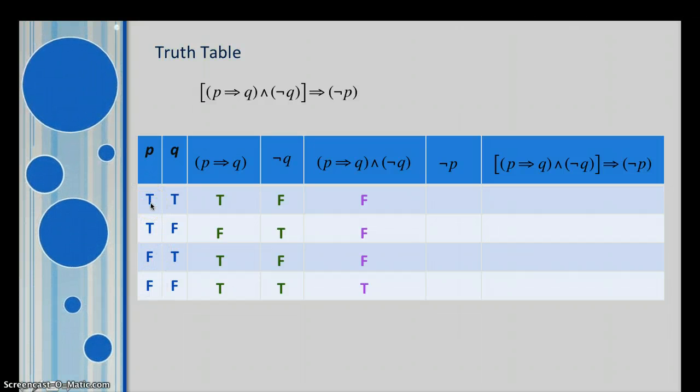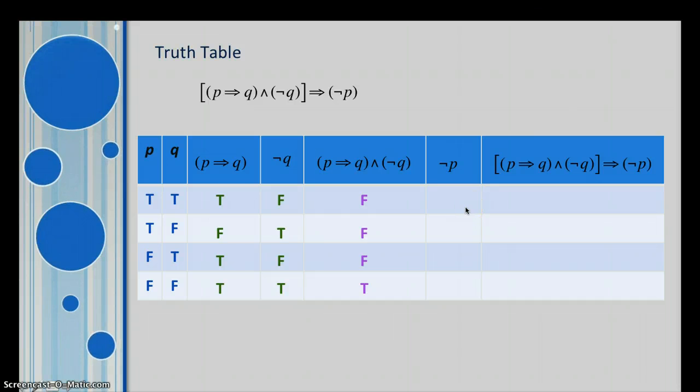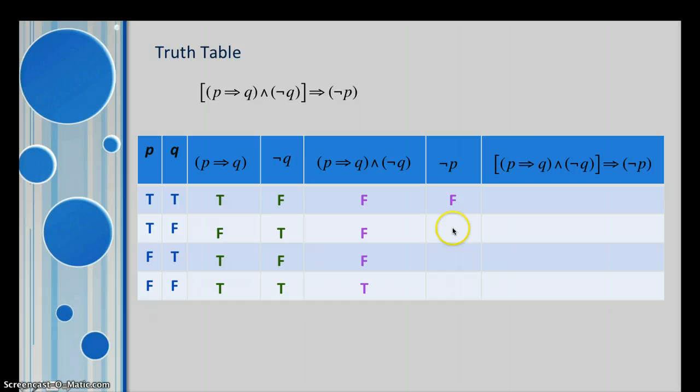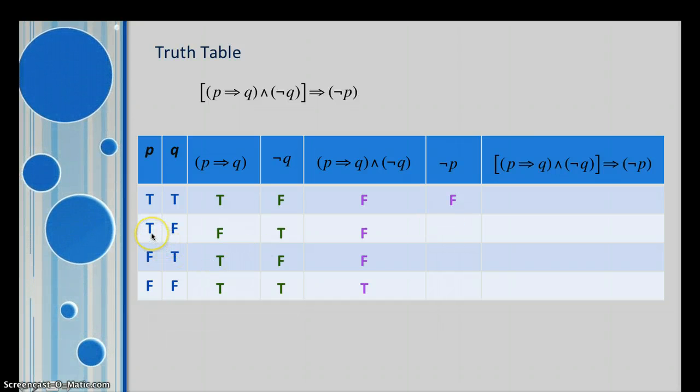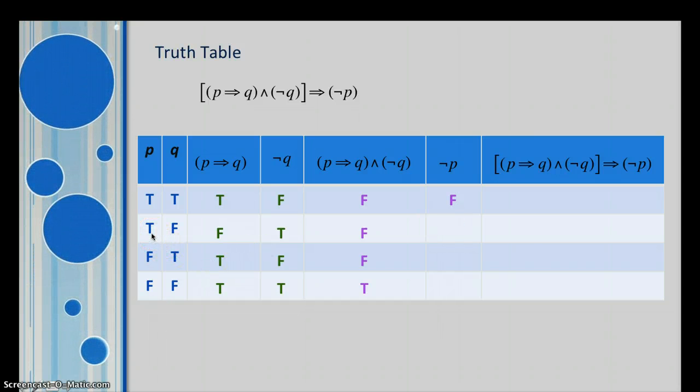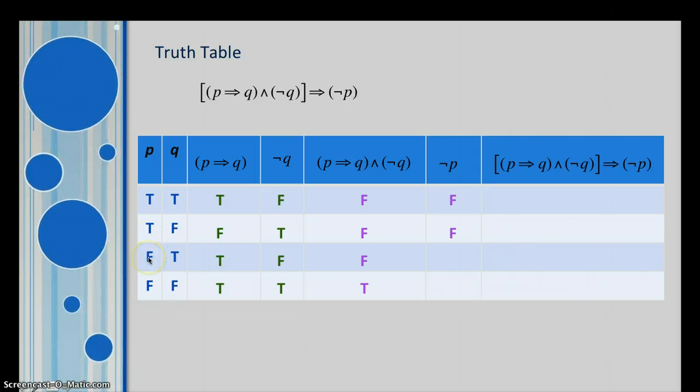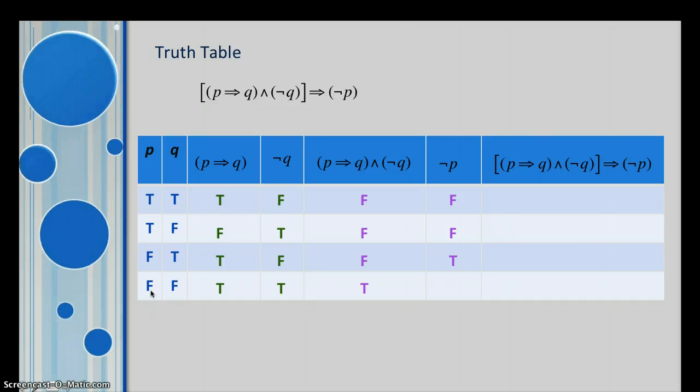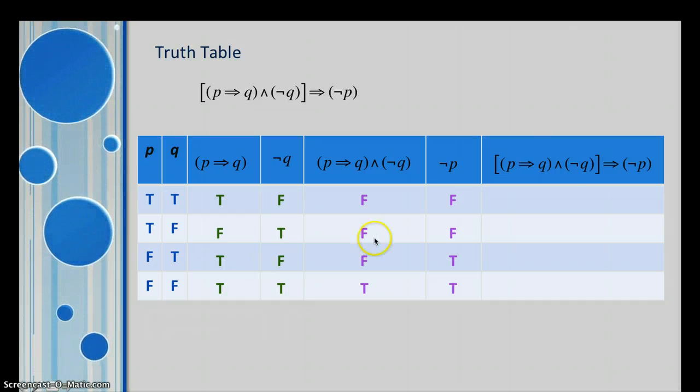We start with true. The negation of true is false. It's also written in pink, so it's color-coded. True, negate true, and it's false. Negate false, and you have true. Negate false, and you have true.